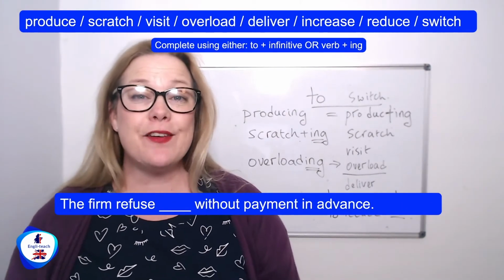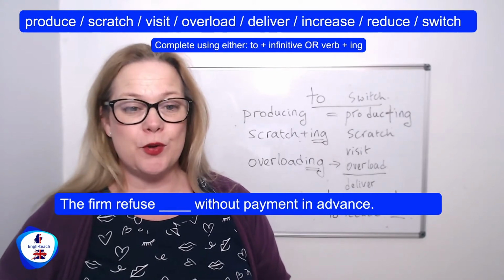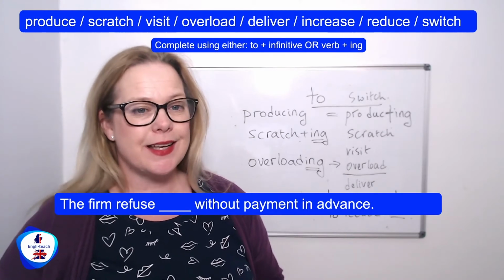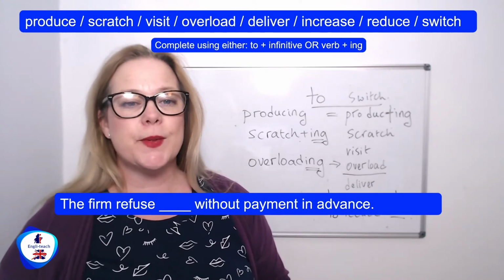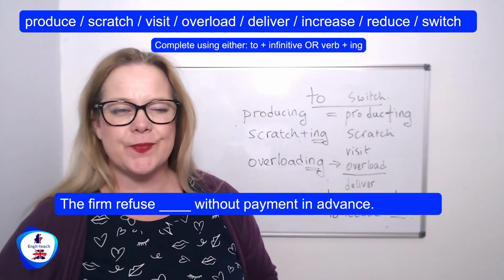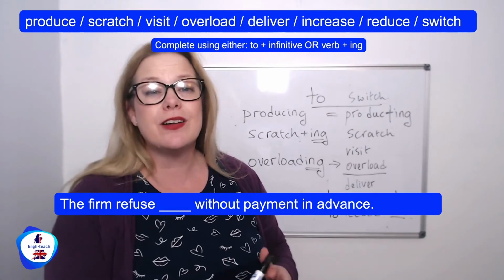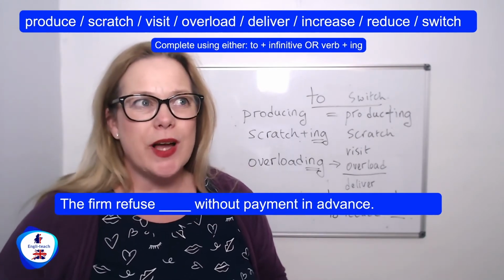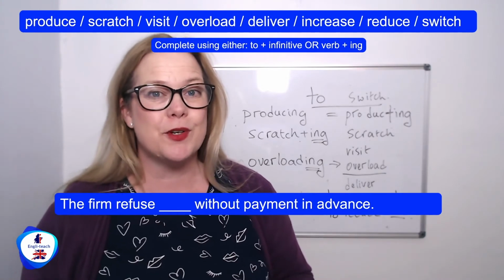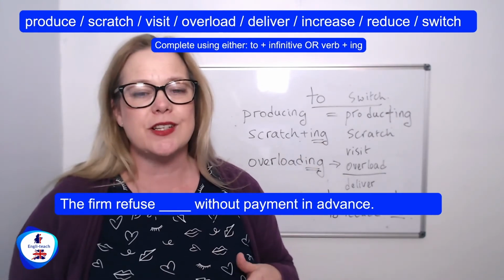Okay, our 7th sentence. The firm refuse without payment in advance. Now, if you don't know what payment in advance is, this is quite a normal term, or terms of trade, or terms of invoicing when you're doing business transactions.